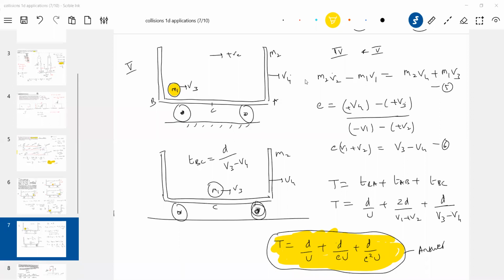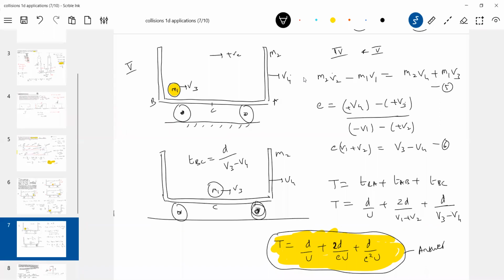Sir, this process will be continued till infinity. Yes, it will continue. Okay, I made the correction.